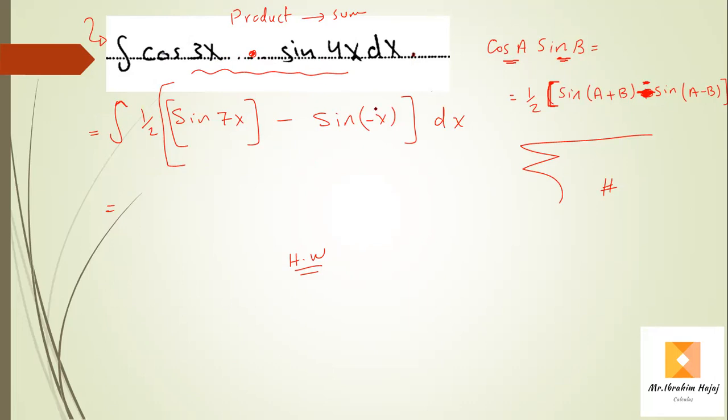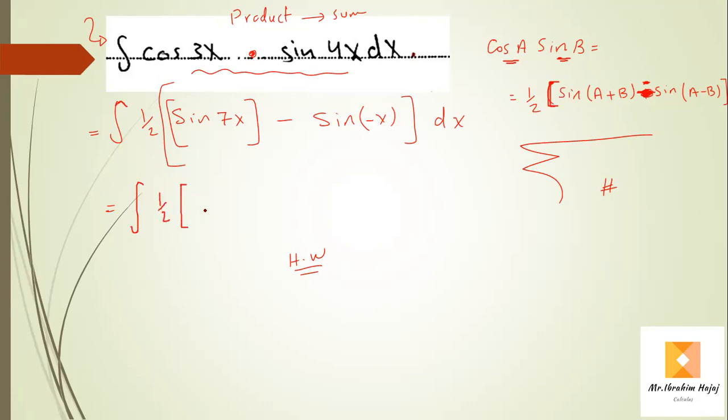So the difference here is negative x. Since sine is an odd function, and even functions are only two, cosine and secant. Even function means if cosine negative x gives cosine x. But sine negative x we write as negative sine x because it's an odd function.